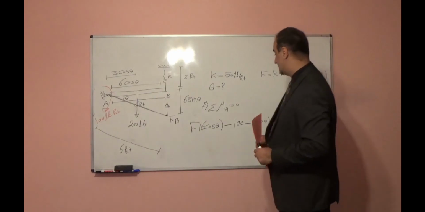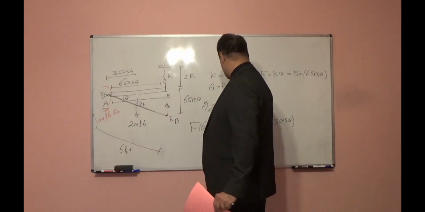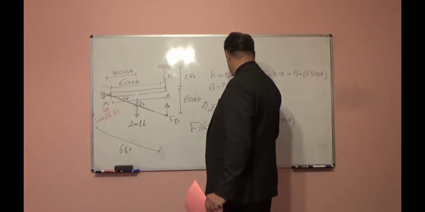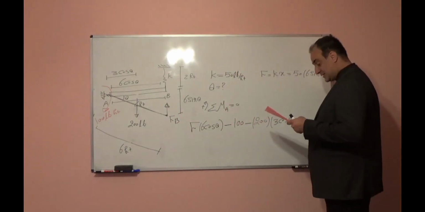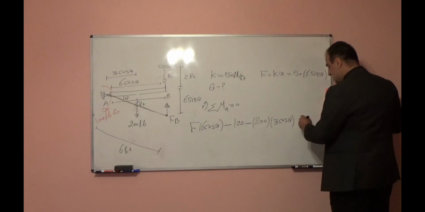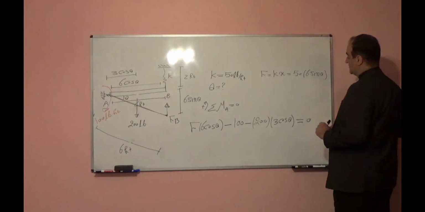Let's see, F times 6 cosine theta minus 100 minus 200 times 3 cosine theta is equal to 0.